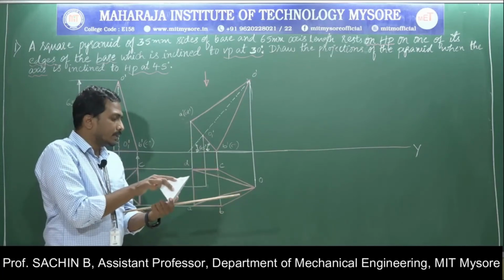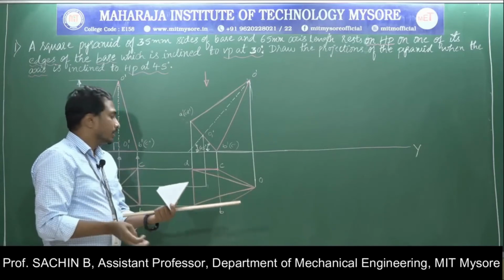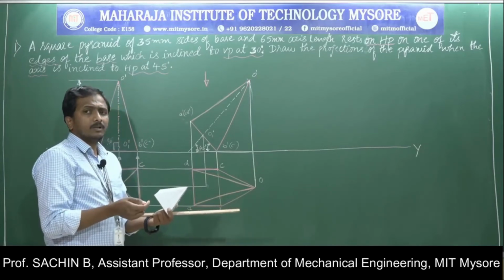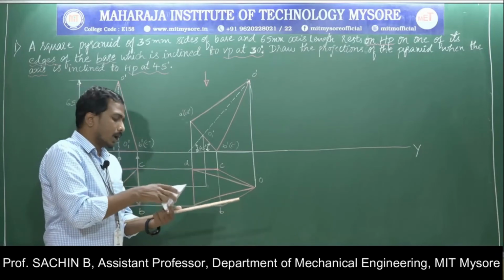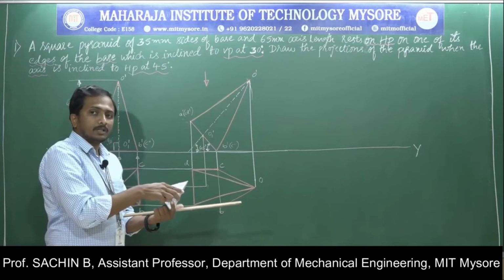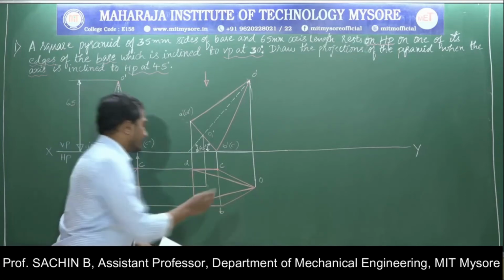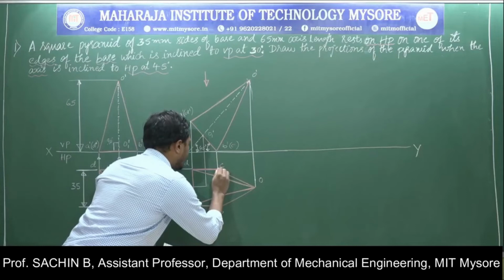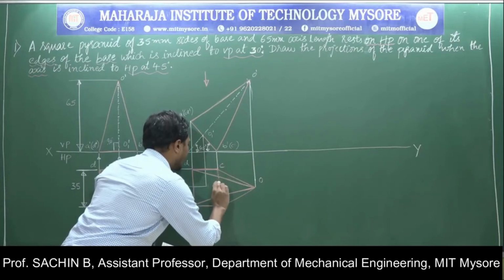Here B dash and C dash is the resting edge that is not visible from the top view. We can clearly observe this by rotating the object like this. If I look from the top, it is not visible for me. That is the only invisible edge in this particular case.